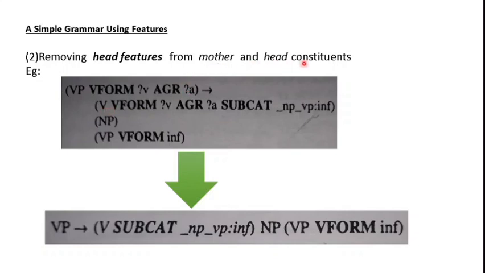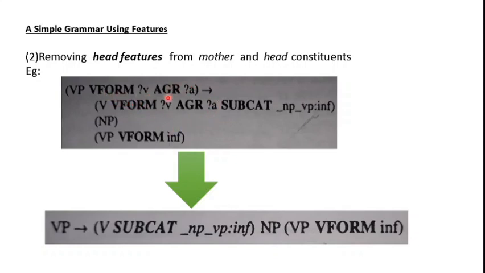Then next comes the term head feature. Head features are those features which are common across mother and head constituents. So we know what is mother here and what is head here, and just see what features are common here. Here the common features are VForm and AGR, right?